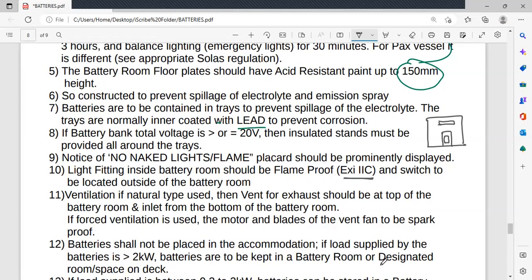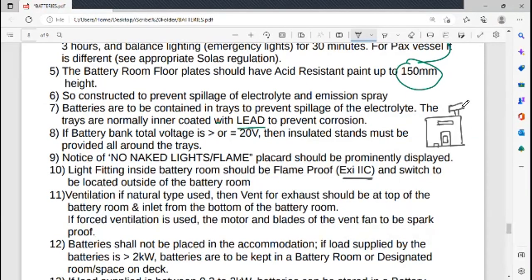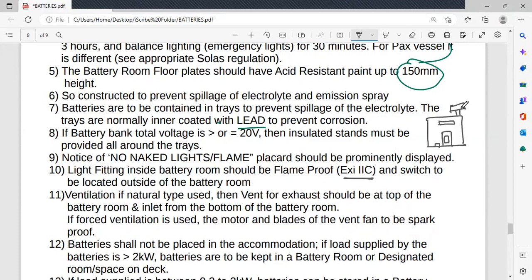Whether it is natural or forced, you have a vent here and you have the mushroom on the top. If it is natural, then exhaust should be at the top in the form of a mushroom vent or sometimes a gooseneck also.